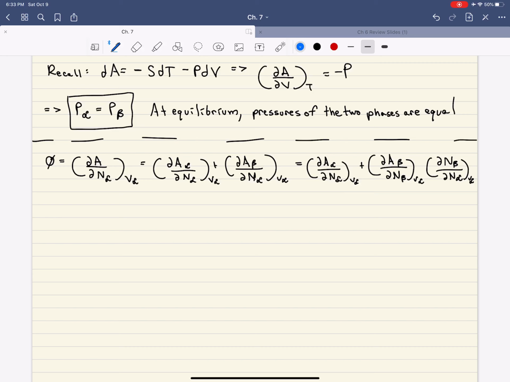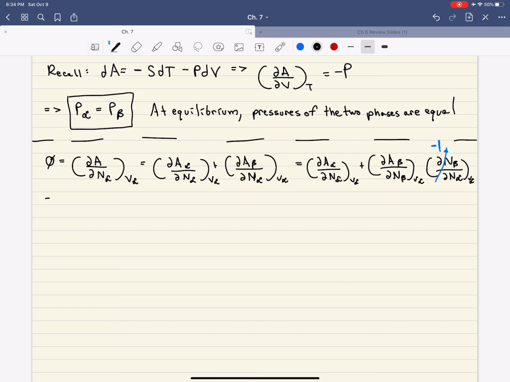All right, and once again, we have the partial derivative of N beta over N alpha. If N beta increases, N alpha decreases. And so that means, just like what we saw with volume, that this partial derivative is going to be equal to -1. Okay? And so we have a positive term here, a negative term here. The sum of them is equal to 0.